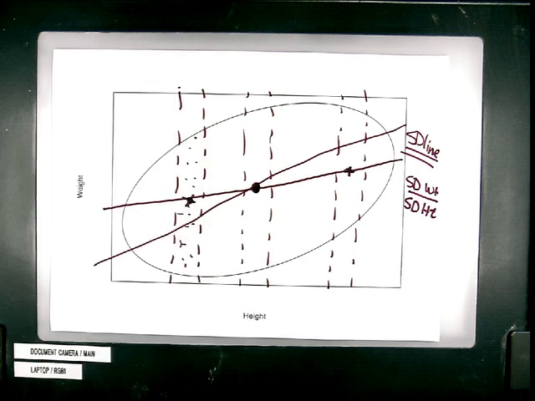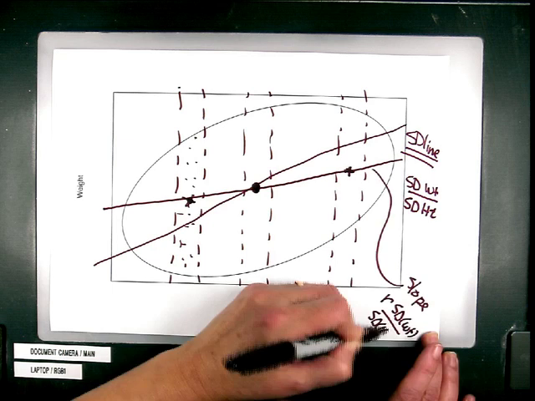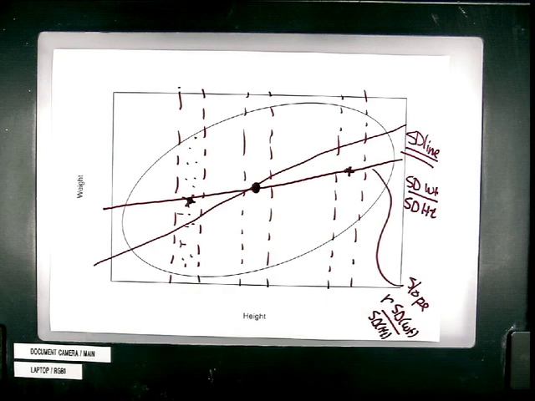Jennifer? Right, so this one's less steep. And in fact, this line's slope is R times the SD of weight over the SD of height. So it's less steep by the correlation. In this case, the correlation's 0.4, so it's a lot less steep.